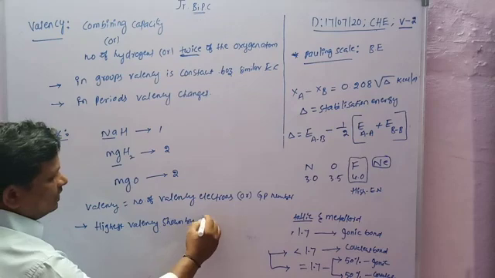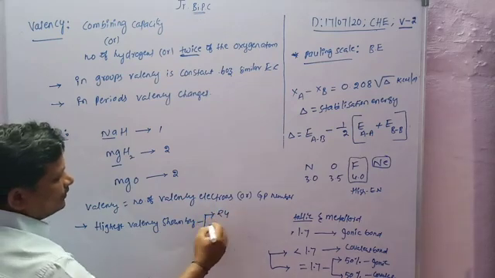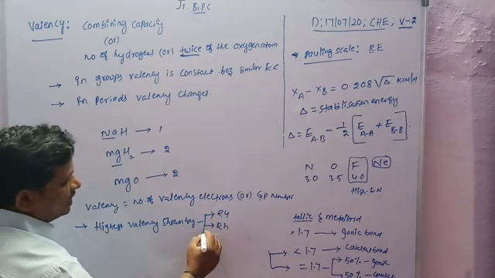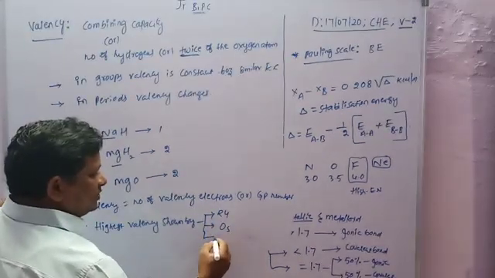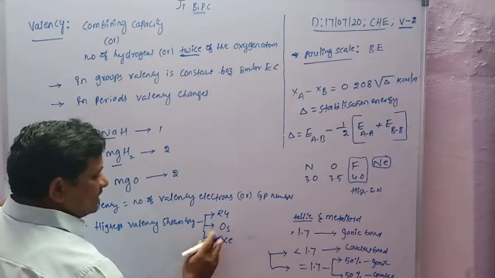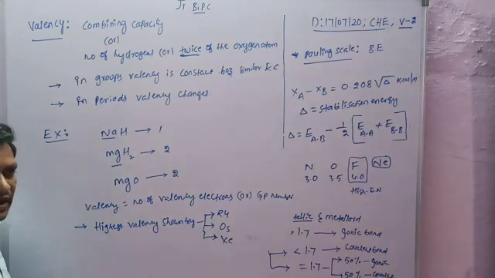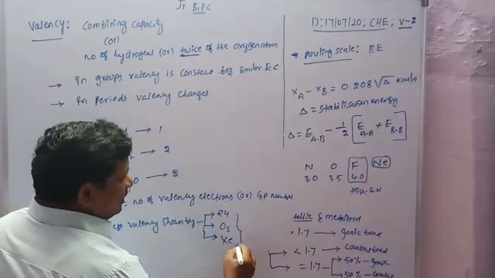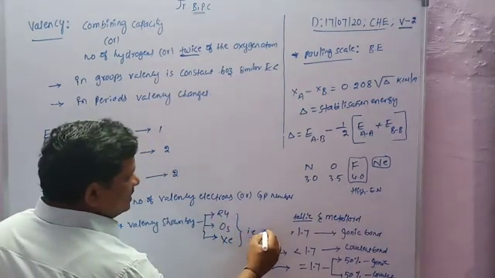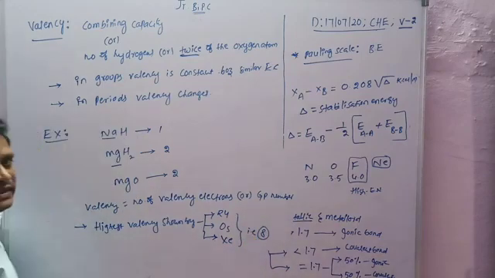Highest valency is shown by ruthenium, osmium and xenon. The valency that is 8. So valency may be 0, 1, 2, 3, 4 up to 8.